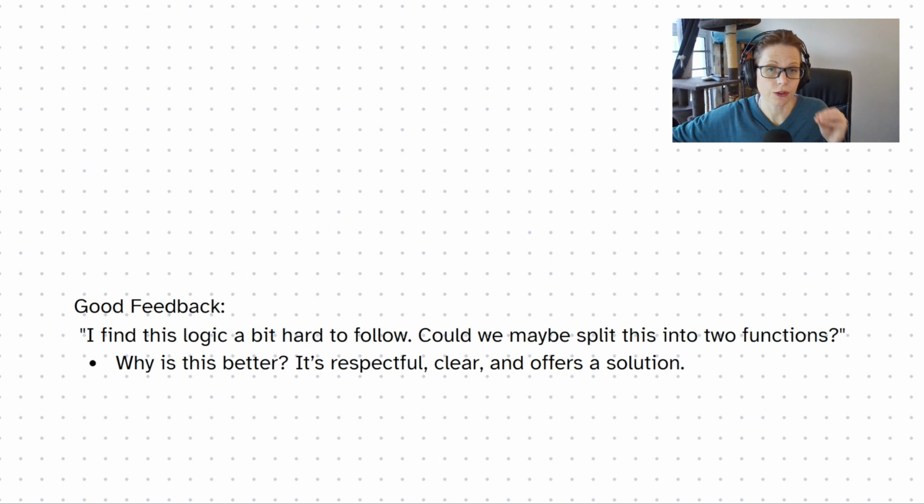Remember, with code reviews, you don't have to overcomplicate the situation. You can keep it simple. The feedback is still constructive and good feedback. Good feedback isn't about being nice or mean. It's actually about being clear, helpful, and respectful.